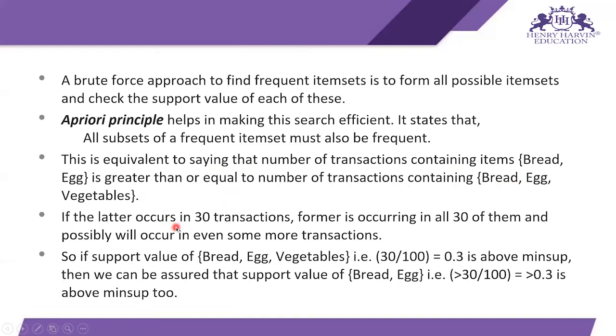If the latter occurs in 30 transactions, the former occurs in all 30 of them and possibly in even more transactions. So if the support value of bread, egg, vegetables is 30 out of 300, which is 0.1, and is above the minimum support threshold value, then we can be assured that the support value of bread and egg is greater than or equal to that and also above the minimum support value.